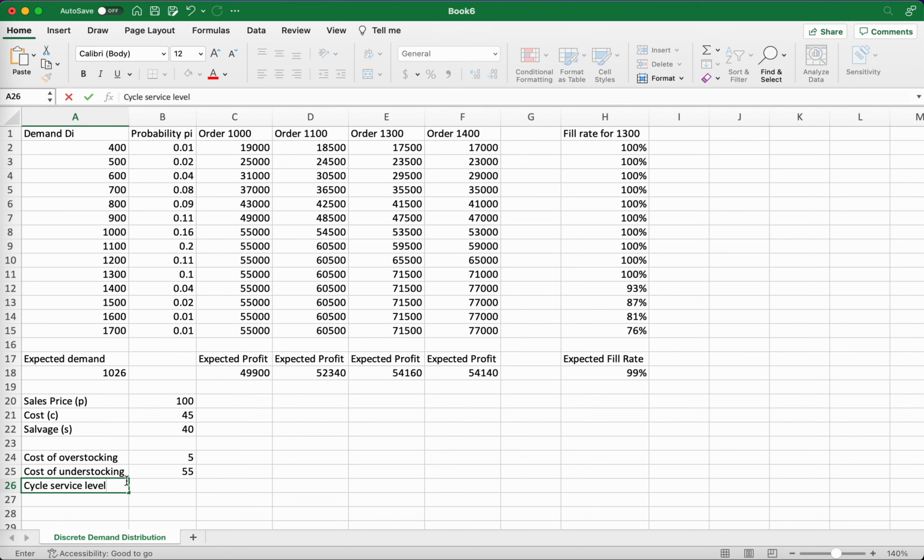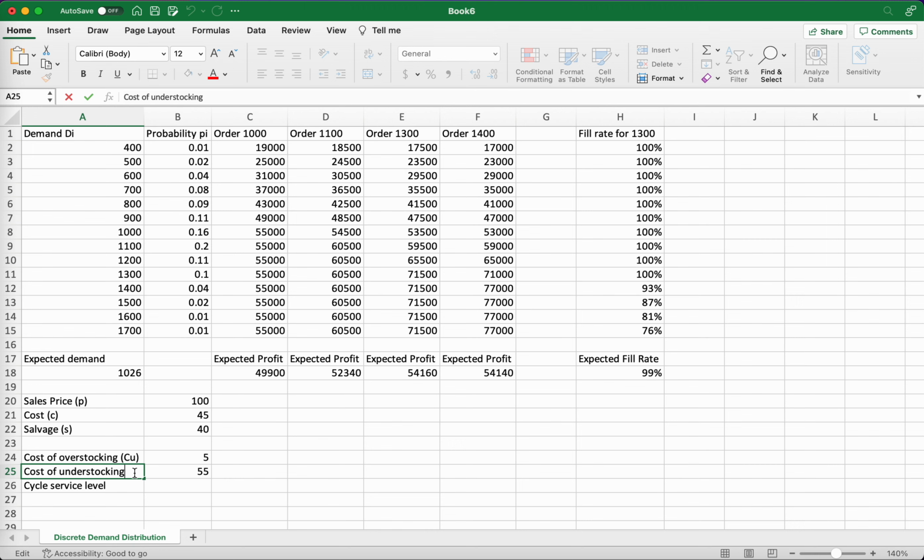So what is the optimal cycle service level? We calculate the cycle service level. The formula for that is straightforward. Cost of understocking is represented as CU, and the cost of overstocking is represented as CO, right?